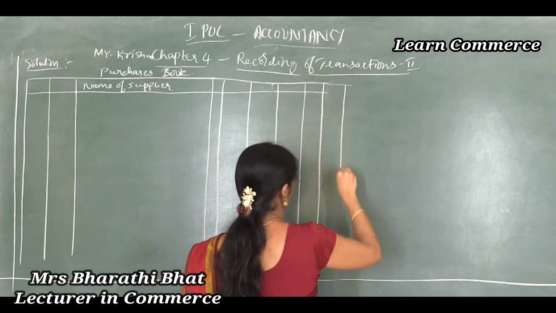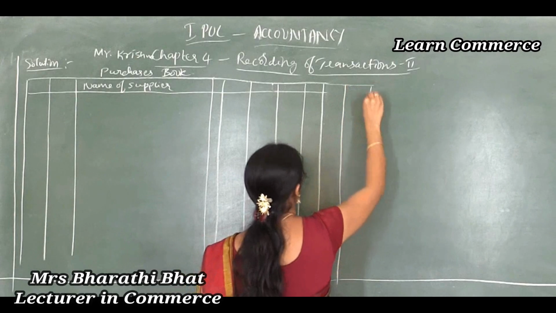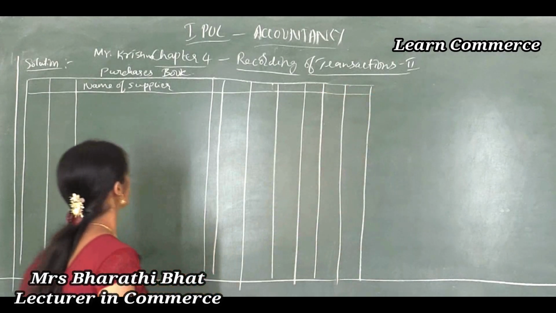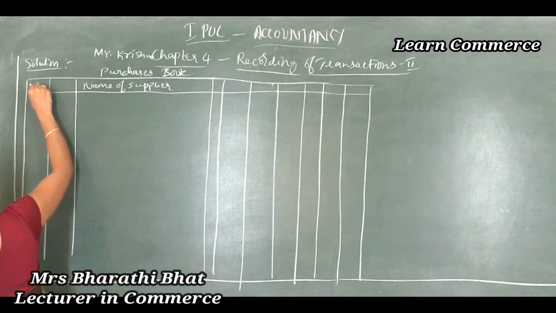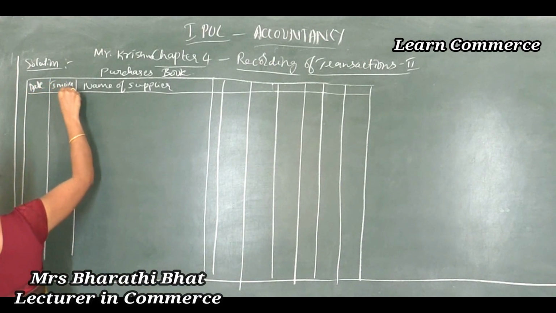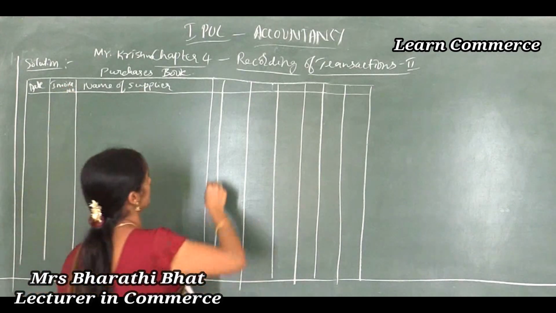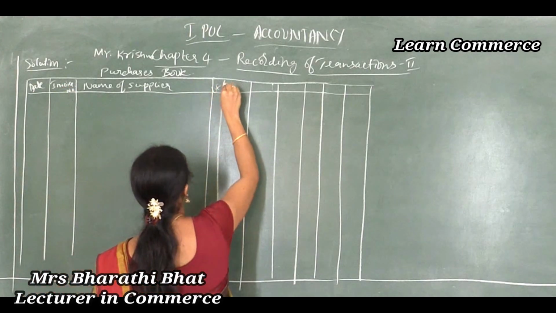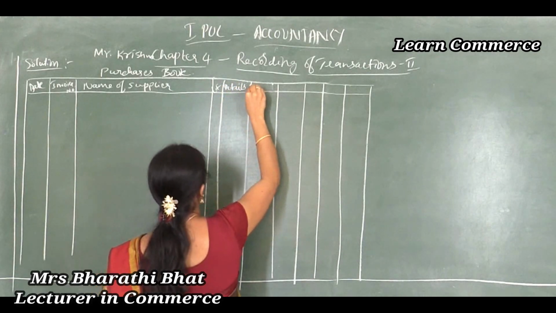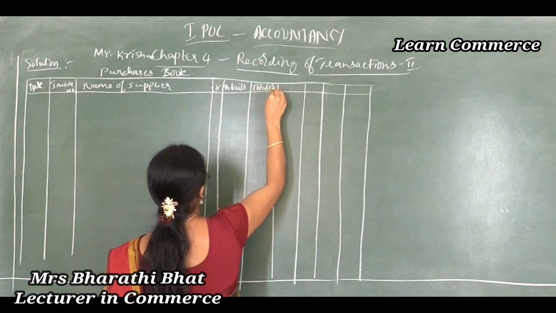CGST, SGST and IGST. Clear? So first one, date, invoice number, and the next one for LF, and this one for details, and this one for total in rupees.